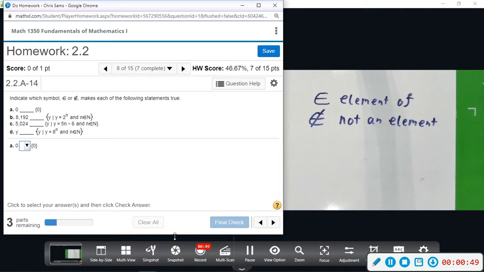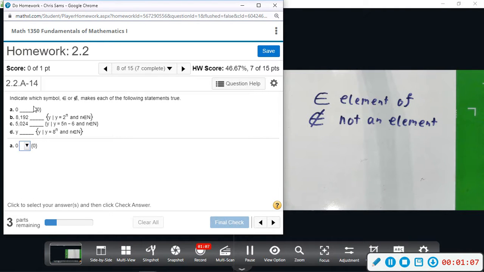Okay, the first statement we have is 0. Is that an element of this set containing 0? Okay, so be careful with these notations. It can be tricky.